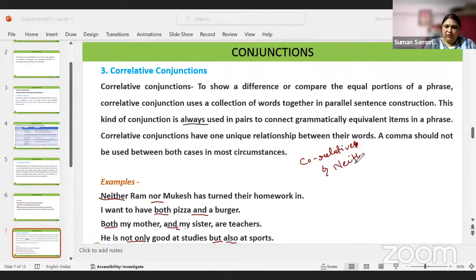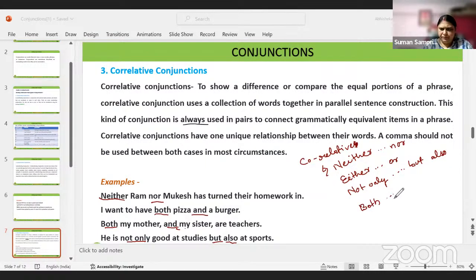So neither nor, either or, not only but also, both and, hardly when.